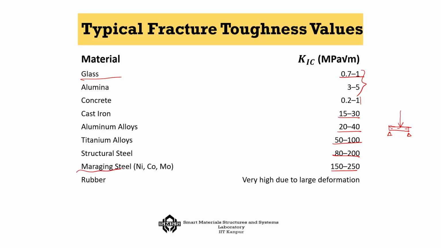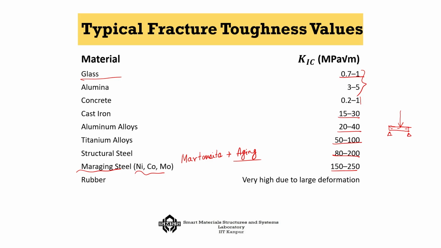In fact, maraging has two important things in it. It is a marriage between martensite plus aging, and aging is actually precipitation hardening, and that happens with this nickel, cobalt and molybdenum, and through this process you get a metallic alloy which has a very high fracture toughness.